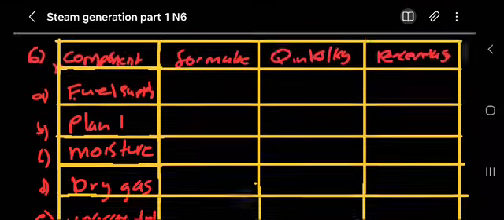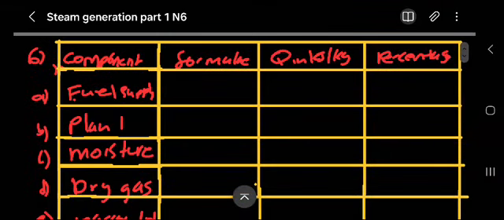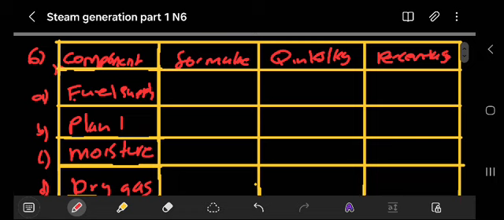All right. So you know that to calculate the heat of the fuel, it's the mass of the fuel multiplied by the calorific value. So what is the mass of the fuel?